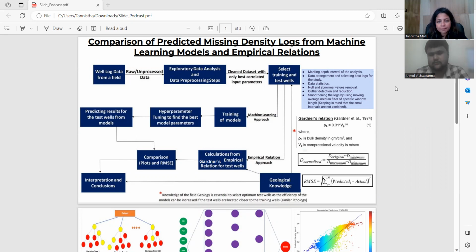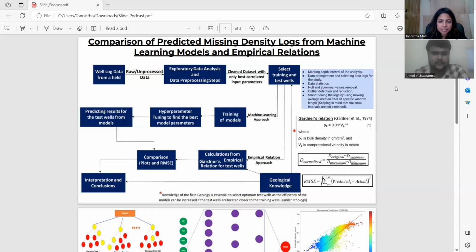So we tried to apply a supervised learning machine learning approach to predict those missing logs, using proper training with well logs from similar lithology in the similar area, so we can predict those missing logs and save the logging cost.